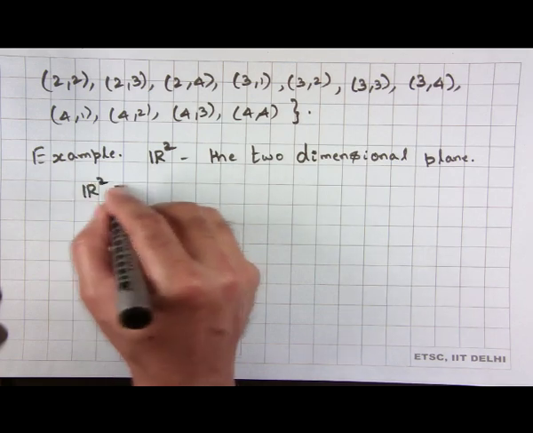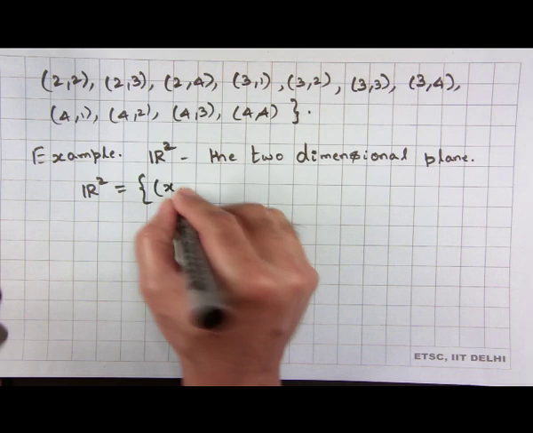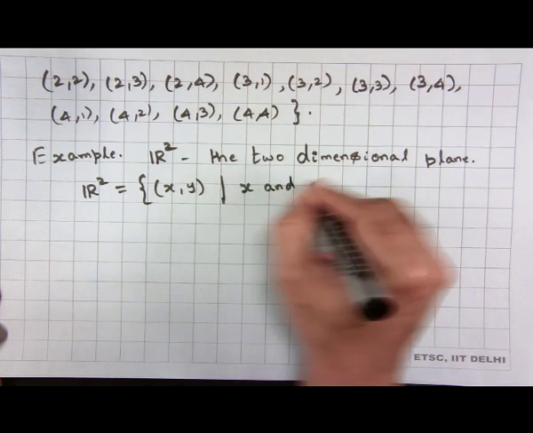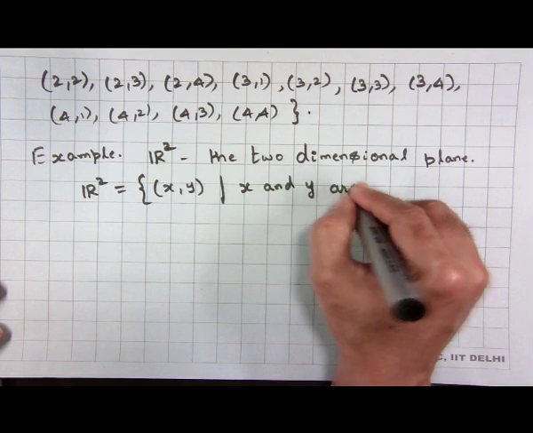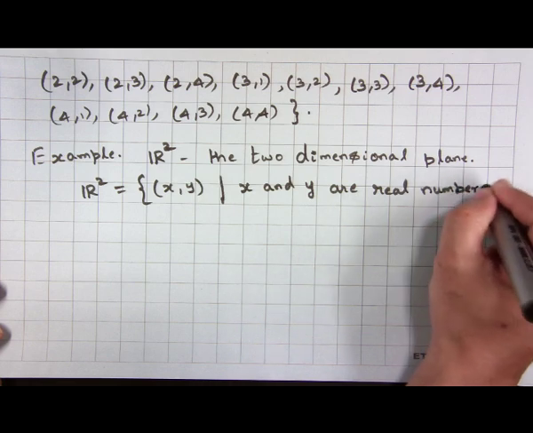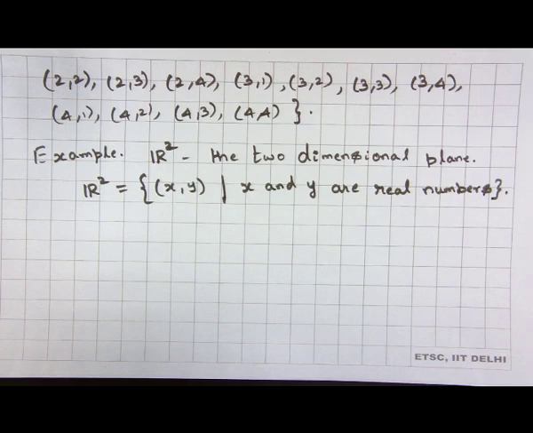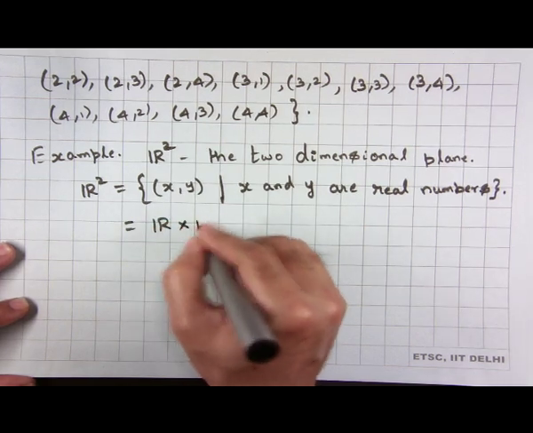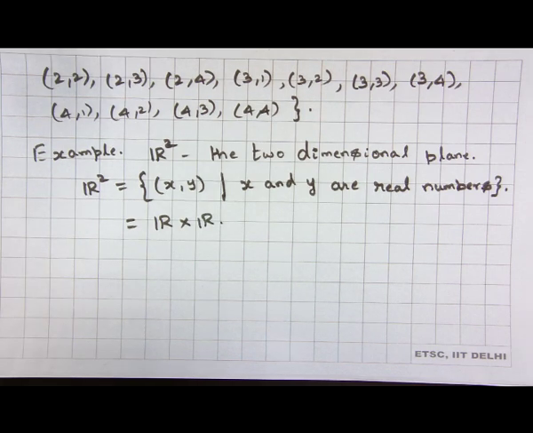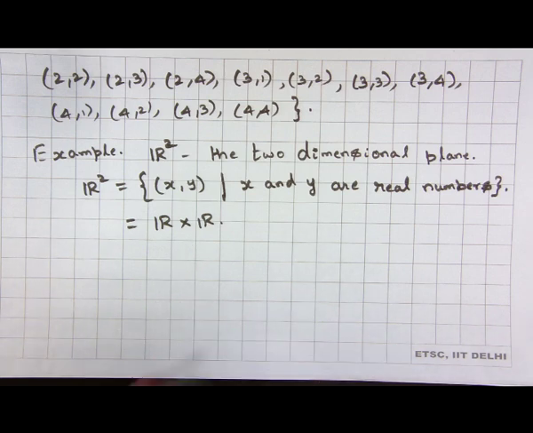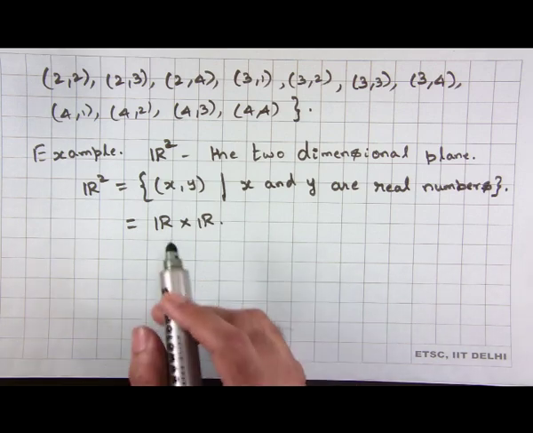R2 consists of all ordered pairs x comma y, where x and y are real numbers. You can notice that this is exactly equal to R cross R. So, this is an example of a Cartesian product. The usual two dimensional plane is exactly the Cartesian product of real numbers with itself.